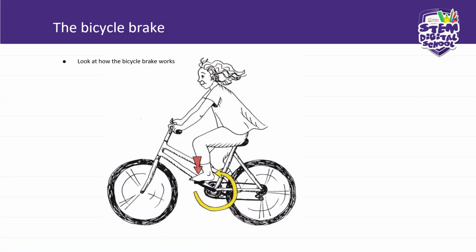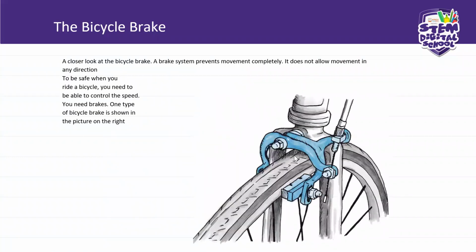So while the linear motion is taking place, this girl here may need to stop her bicycle. That is when she will apply the brakes. So the brakes are a control mechanism, one of the control mechanisms. When she applies the brakes, these are the brakes. We'll be looking at these brakes.